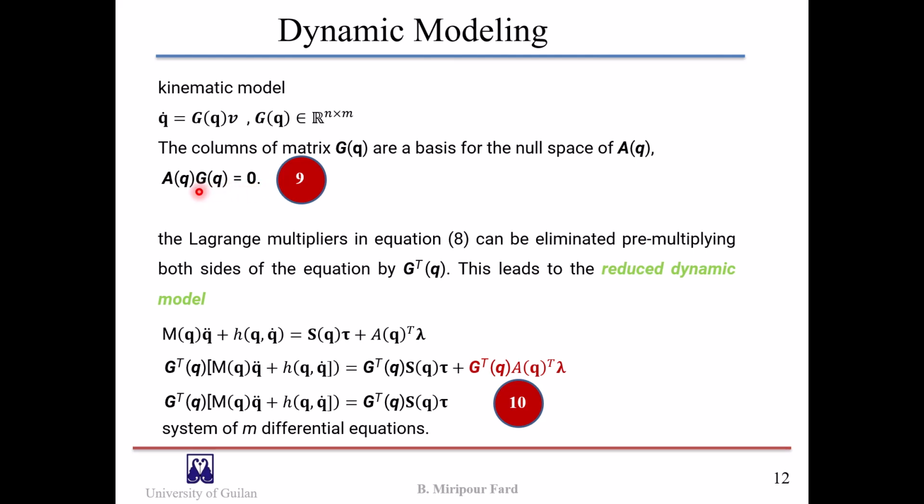We can conclude that G transpose times A transpose is also equal to 0. So this term is eliminated, and finally equation 10 is obtained. In equation 10 we have just m differential equations, and we cannot see any lambda.